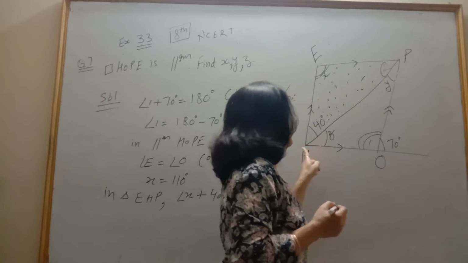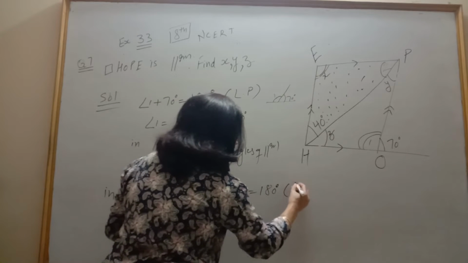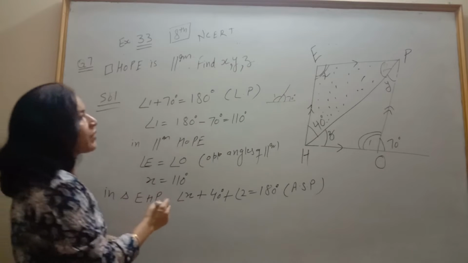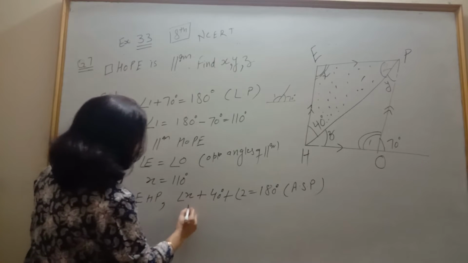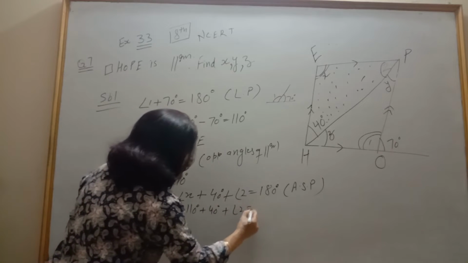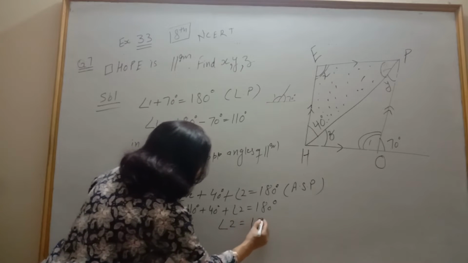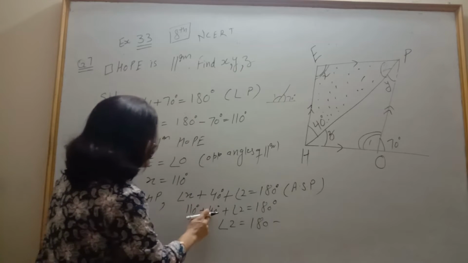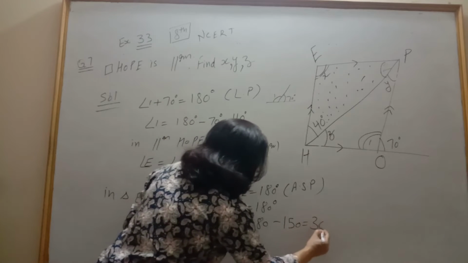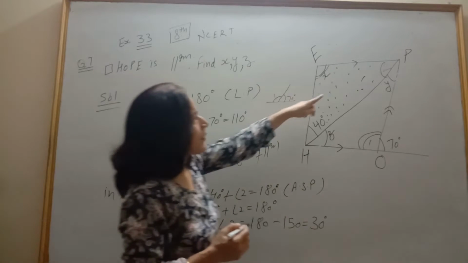In this triangle, the sum of three angles is 180 degrees. Angle sum property. So angle X you found equal to 110. 110 plus 40 plus angle 2 is equal to 180 degrees. So angle 2 will be 180 minus 110 plus 40, that is 150. So 30 degrees. Angle 2 is equal to 30 degrees.